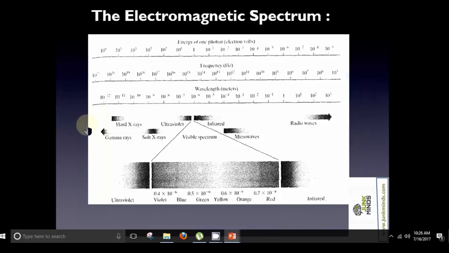Gamma rays have the highest energy compared to all the other waves, and they are blocked from Earth's surface by the atmosphere. So these were the different waves involved in the electromagnetic spectrum, and each of the waves has its own different properties. So that's all about the electromagnetic spectrum.